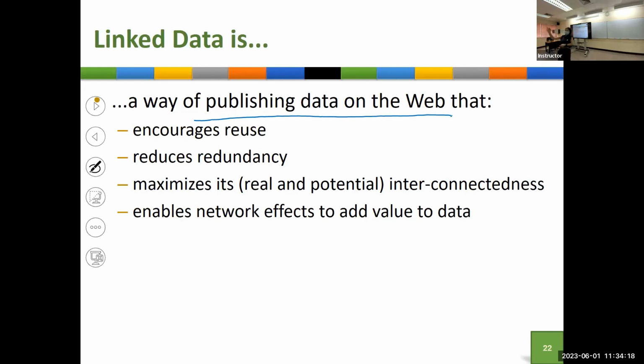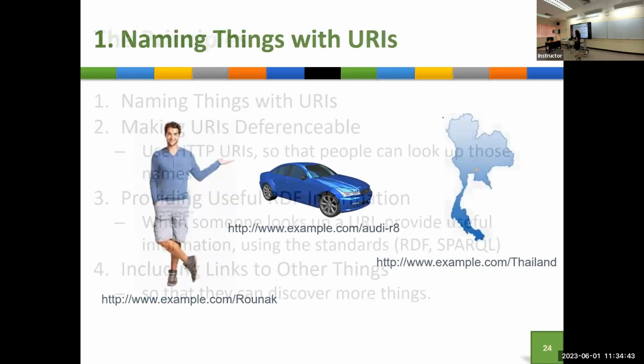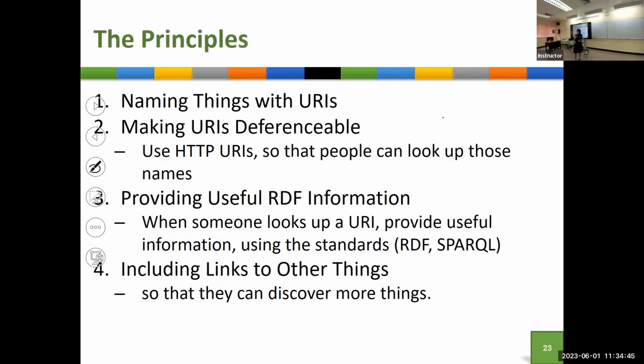So instead of having everything in just HTML, in which it is very difficult for machines to use the data, we want data to be published in addition to normal HTML as linked data, so that it generates all these benefits, okay? And there are 4 principles for linked data.